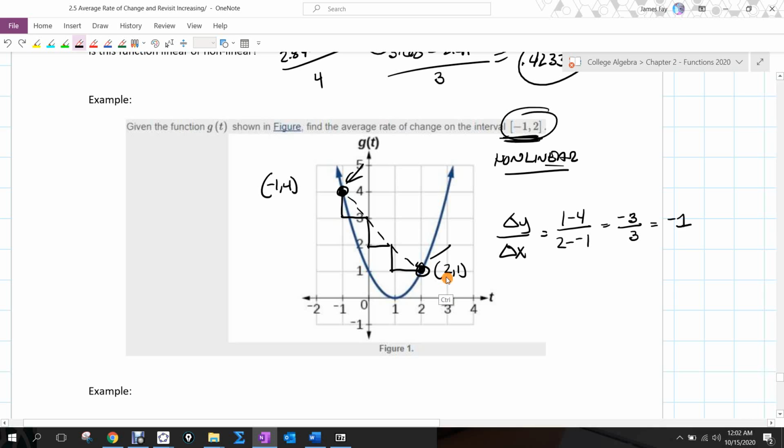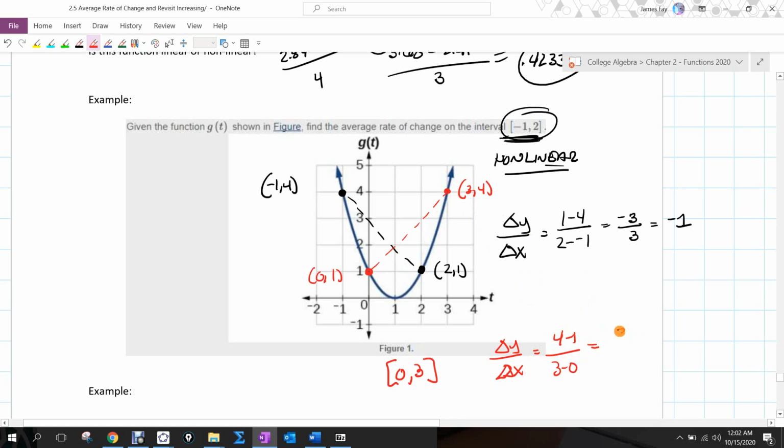So now here's the question, well, what does this look like when I go from, let's say, this point here? So I'm going to go on the interval 0 to, let's go 3. So in that case, I'd be looking at the ordered pair 0, 1, and then over here it'd be 3, 4. So now when I do delta y over delta x, you see that I'm increasing, so it'd be 4 minus 1 over 3 minus 0, so that gives me 3 over 3, which is 1.